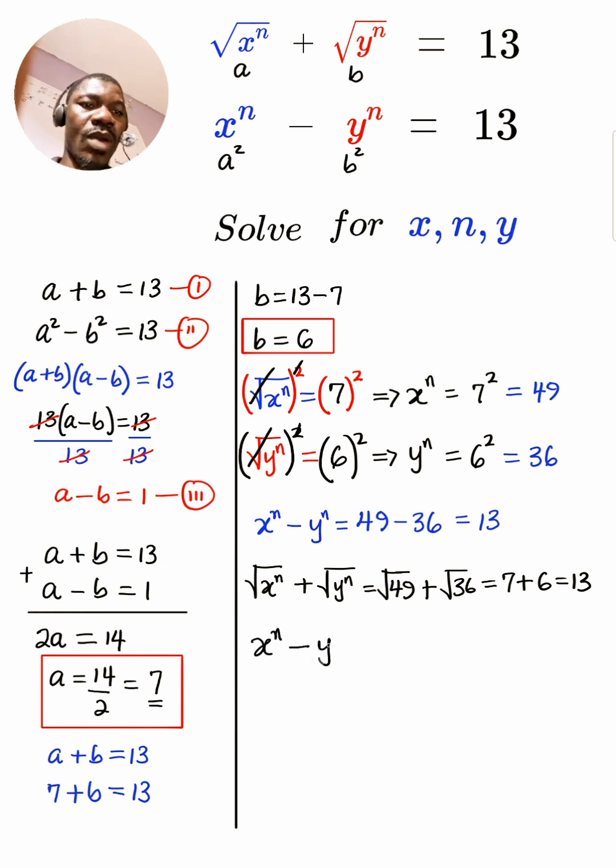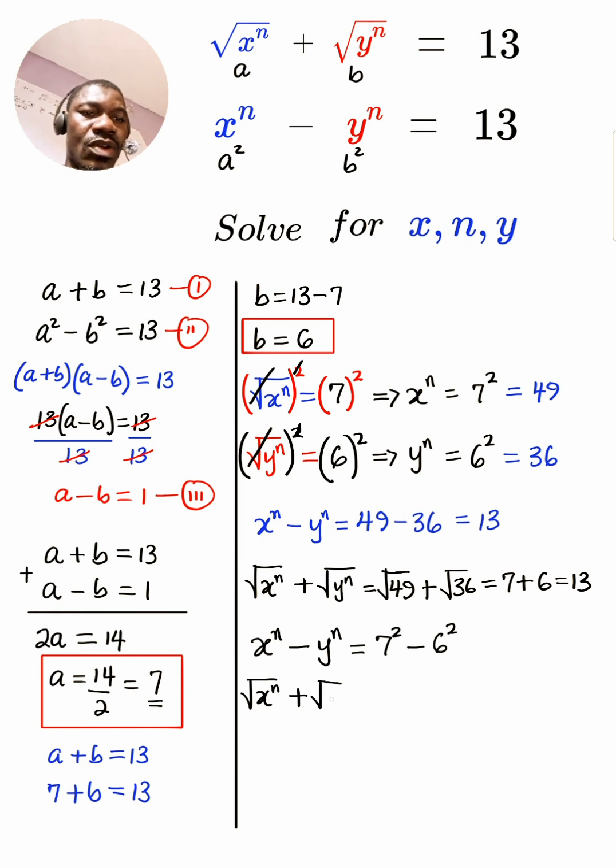Now that we've justified our answers, take note that x raised to n minus y raised to n gives us 49 and 36 respectively, which also implies 7 squared minus 6 squared. And the same thing here, the square root of x raised to n plus the square root of y raised to n gives us the square root of 7 raised to 2 plus the square root of 6 raised to 2.